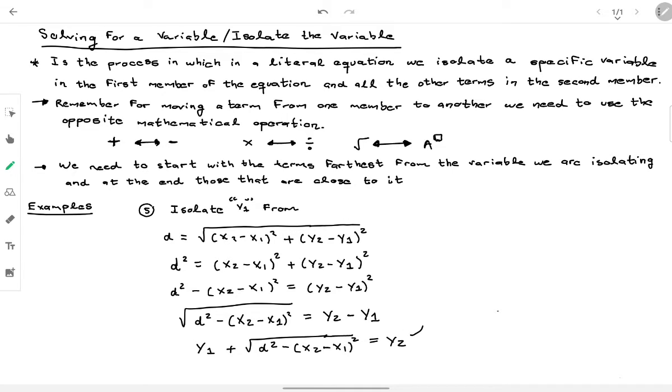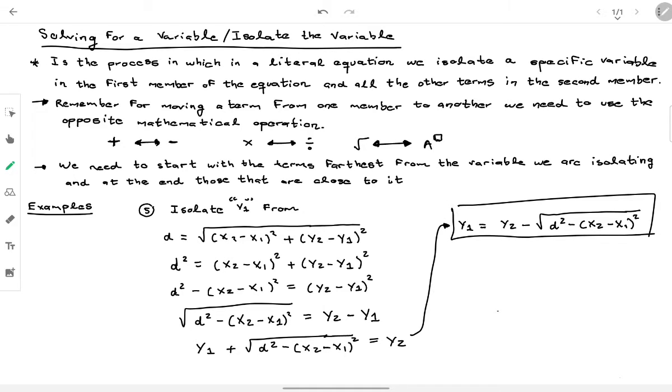After that, we can send the root to the other side, and it's going to be y1 equals y2 minus the square root of d squared minus (x2 minus x1) all squared. This one will be our answer.